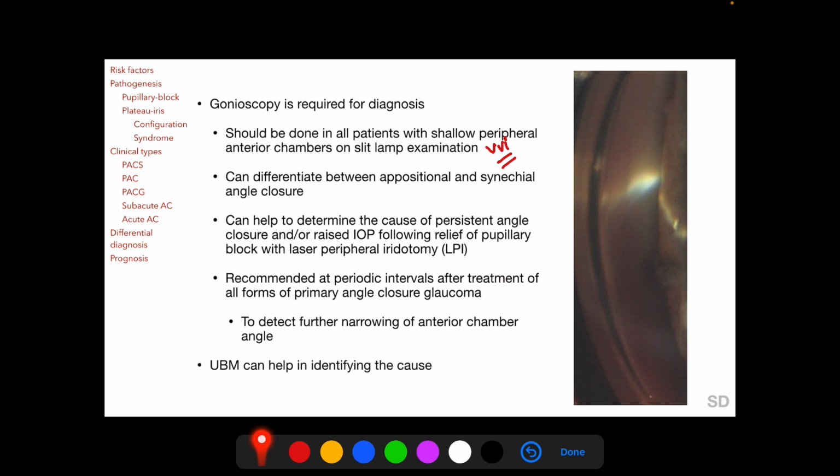And following treatment of all forms of primary angle closure glaucoma, gonioscopy is recommended at periodic intervals to detect further narrowing of the anterior chamber angle with age, which usually occurs due to increasing anteroposterior thickness of the crystalline lens. An ultrasound biomicroscopy can help in identifying the cause of angle closure, whether it is due to pupillary block or plateau iris, and we have discussed ultrasound biomicroscopy in the session on anterior segment imaging.